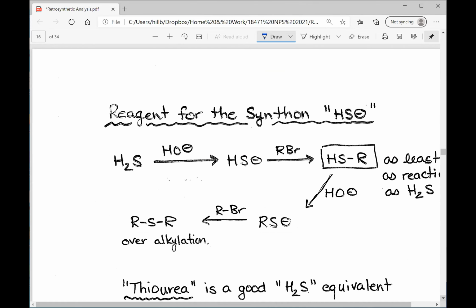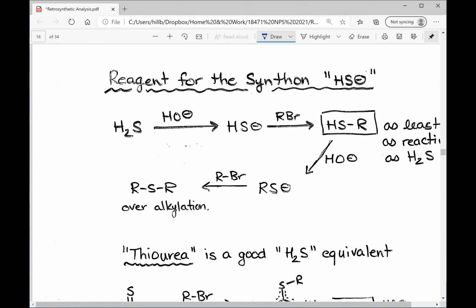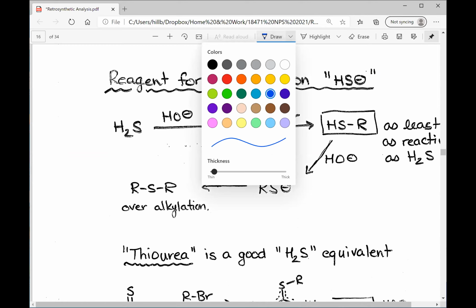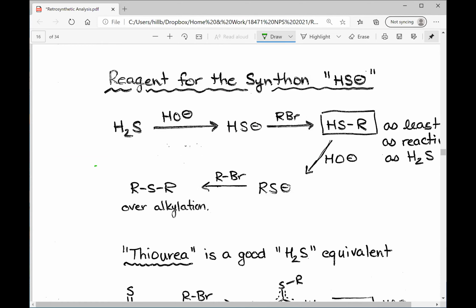Okay, now it's funny, some of the simpler reagents that we would want to use have got some challenges with them. So another one is H2S.